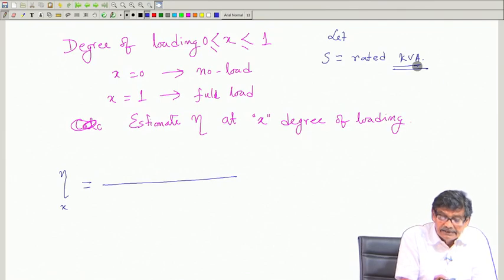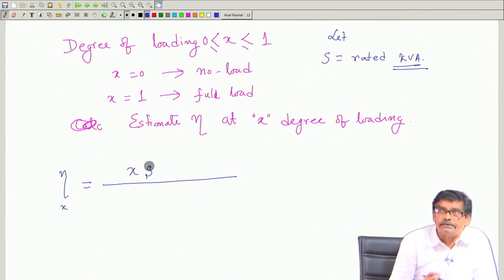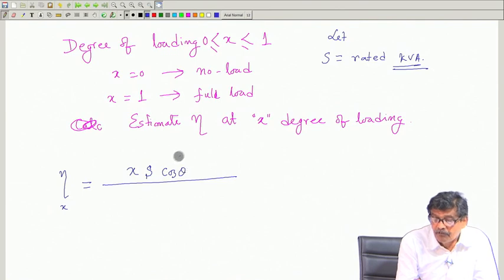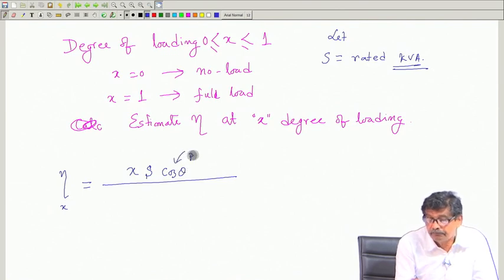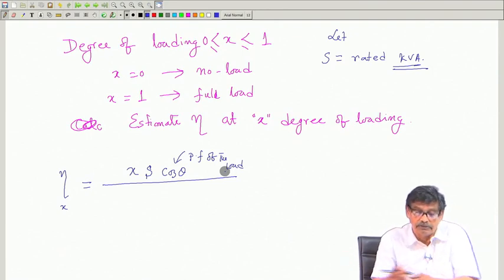Then when the degree of loading is x, the output will be x into S. X equal to 1 means it is supplying rated kVA into cos theta, the power factor of the load, because in the definition of efficiency I have to calculate the kilowatt supplied to the load.